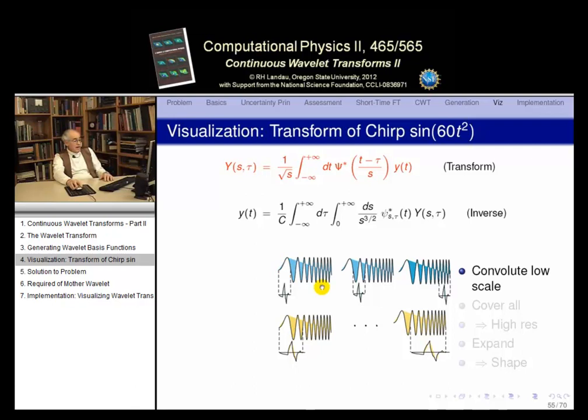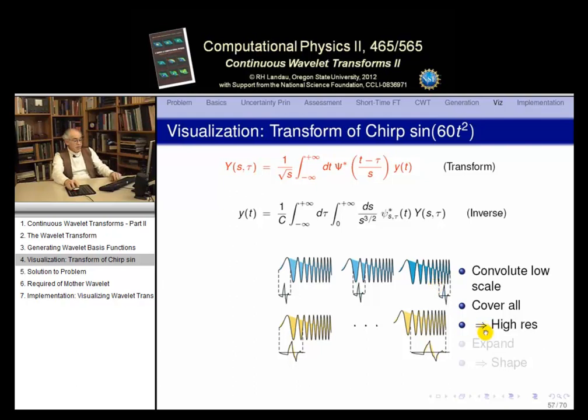We get a number. Then we move that wavelet along, translate it, and we get another number. So that's one value of S, and we're now evaluating the different tau values, until we're finished covering the whole signal. That gives us one row or one column in the transform.